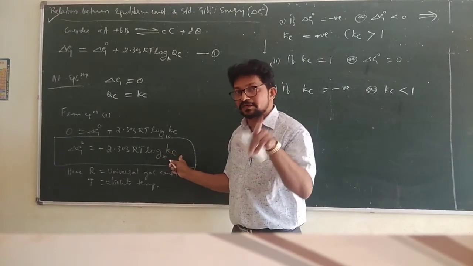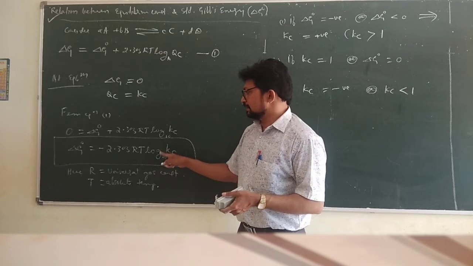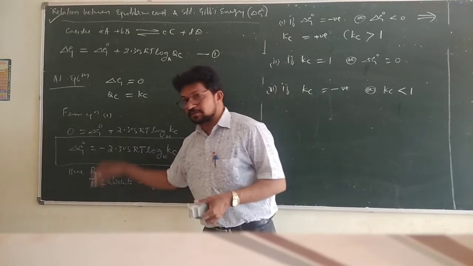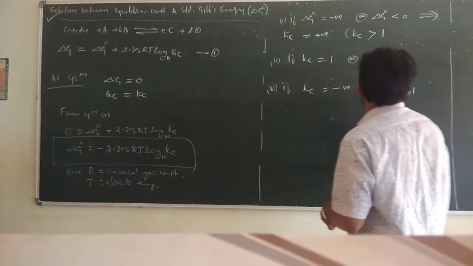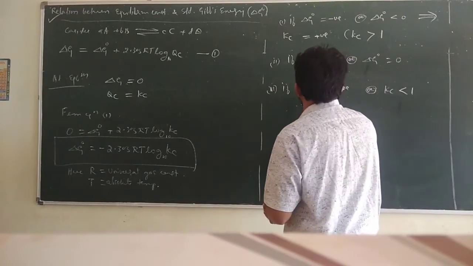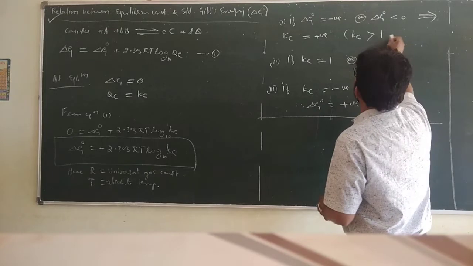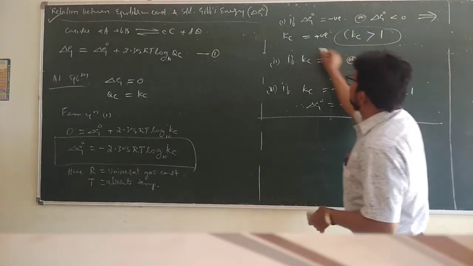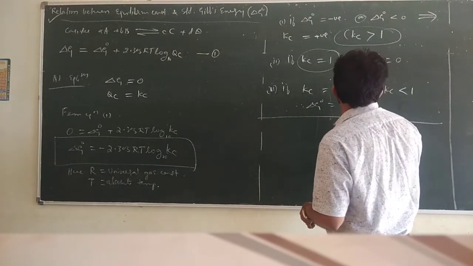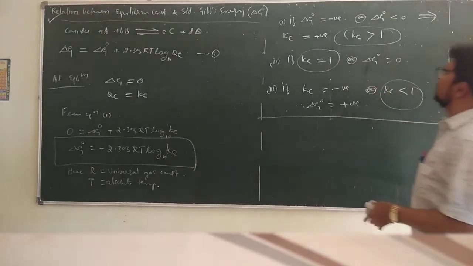Log 0.9 is bar 1.2, and here minus of minus becomes positive. That means delta G naught will be positive. So you have to compare Kc with the value 1, greater or smaller.